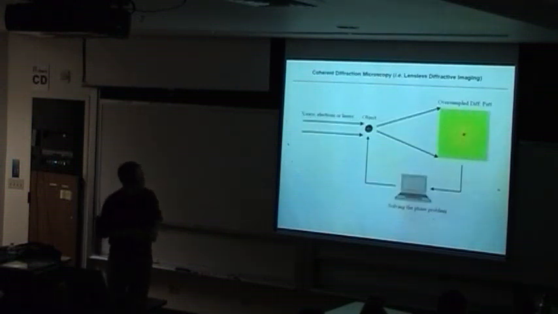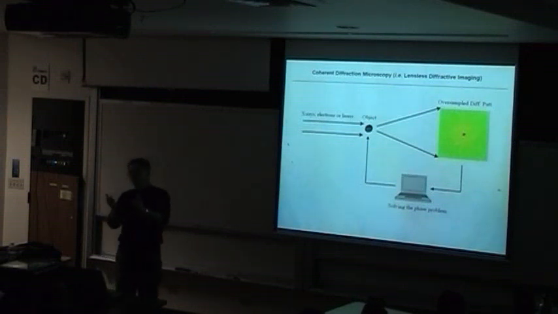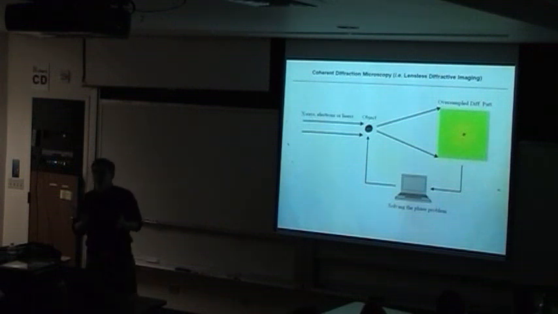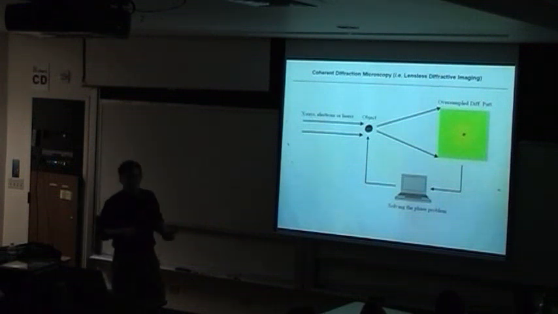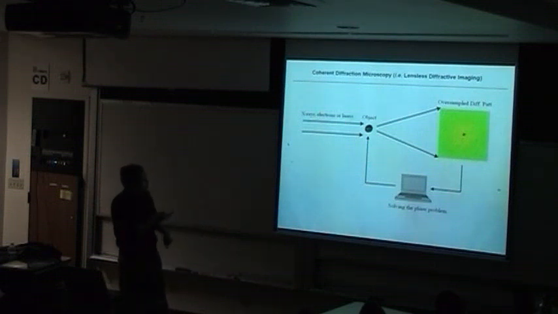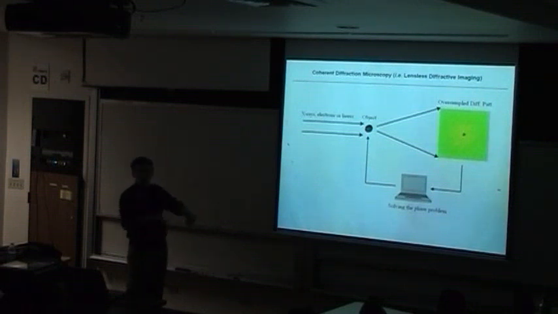I hope everyone knows conventional microscopy. Most microscopy is based on lenses, and the lens just does a Fourier transform. Now there's another way to do a Fourier transform. If I shine a laser on an object, like on my watch, you get a speckle pattern. That speckle pattern is nothing but a Fourier transform of the surface of my watch.